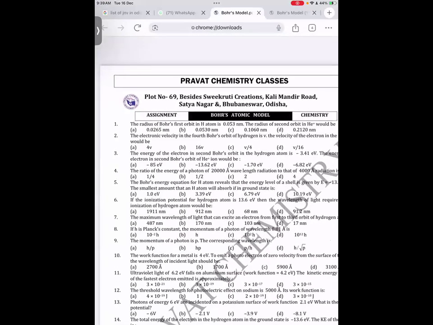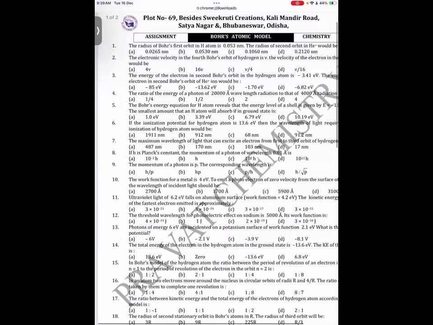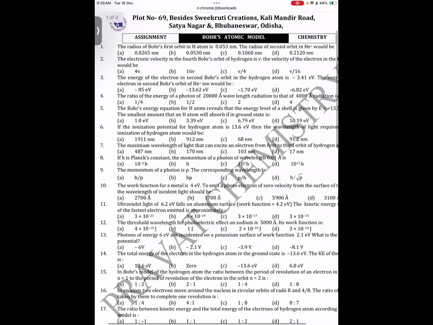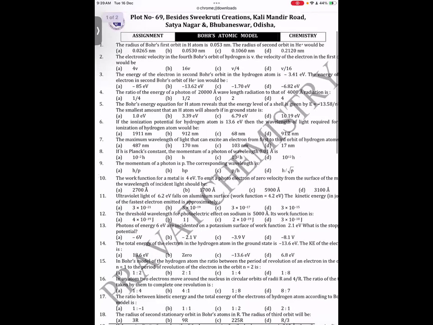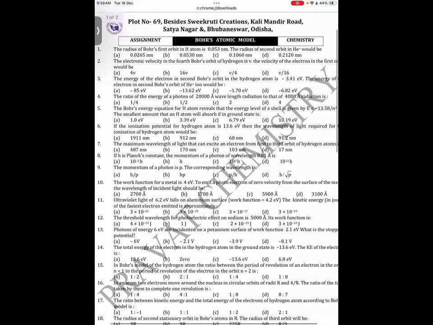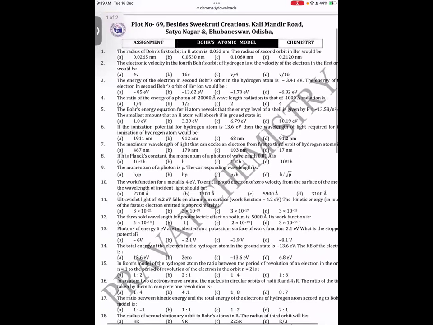So students, write the first question. If the radius of Bohr's first orbit of hydrogen atom is this, then the radius of the second orbit of He plus would be.